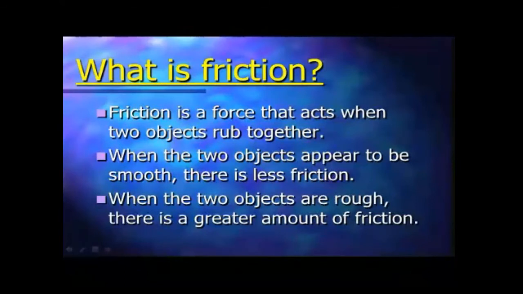Plane surfaces are an example of smooth surfaces with less friction, and friction is greater on rock and sand. Rough surfaces like rock and sand create much more friction. Okay, beta, take a screenshot. This is about friction. Friction is a force that acts when two objects rub together. Okay, have you got it, beta?